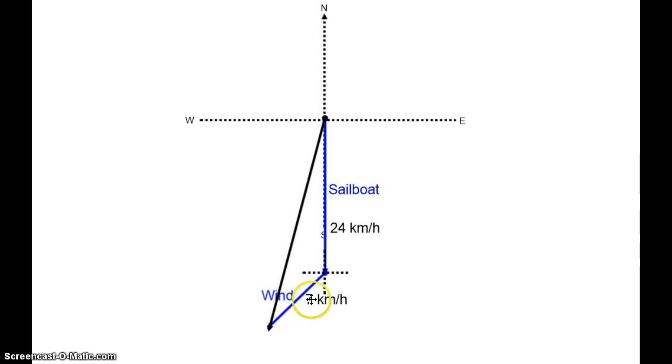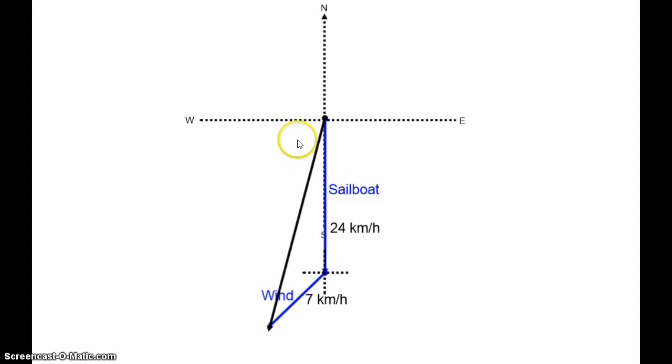So in this resulting triangle that was created by our two vectors, the sailboat and the wind, and the resultant of those two vectors, we now know these two sides. What else can we determine? Well, we knew that the wind was blowing in the southwest direction.